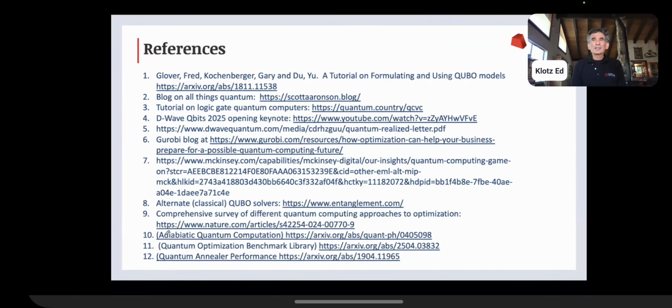Again, there's this broad spectrum, from quantum is not going to do anything to quantum is going to solve everything to all these in-between cases. And again, it's too early to tell in my view. I also really only know about the D-Wave annealer, so I can't comment on some of those other architectures and what their perceived advantages or disadvantages are.